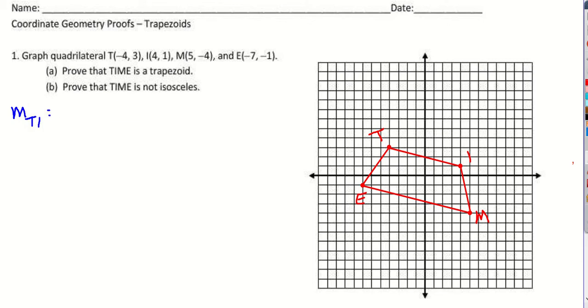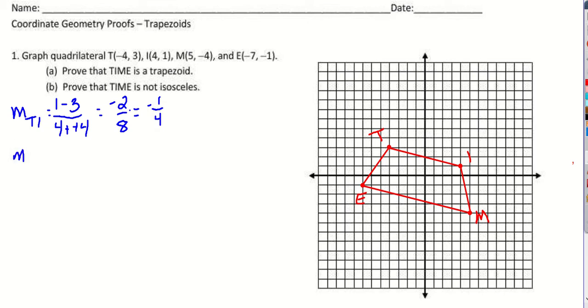Once again, y2, going to I, is 1, minus y1 from T, which is 3, over x2, which from I is 4, minus x1, which is negative 4. So minus negative 4 becomes positive, and this becomes negative 2 over 8, which simplifies down to negative 1/4.